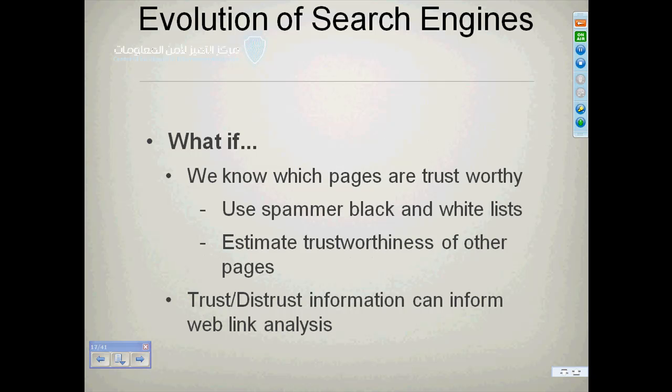Along these lines, what we are doing in our research is to look at how the trust of a page can be calculated, just like authority and hub value can be calculated. If we can calculate trust in a similar way, then how do we combine it with another measure like authority in order to get more reputable search results?